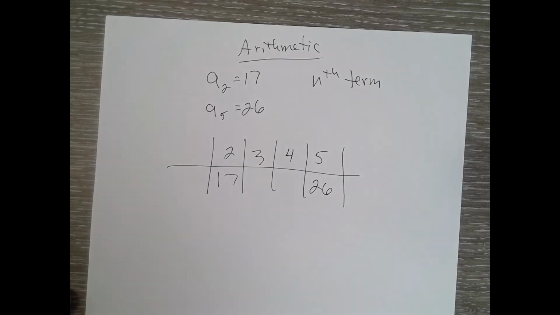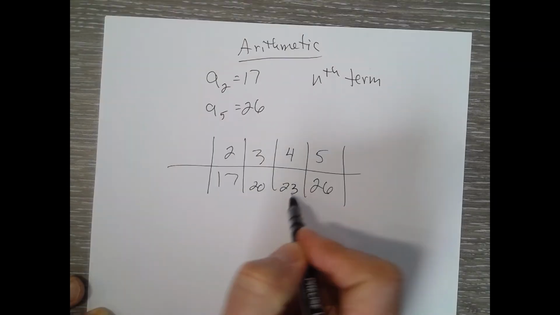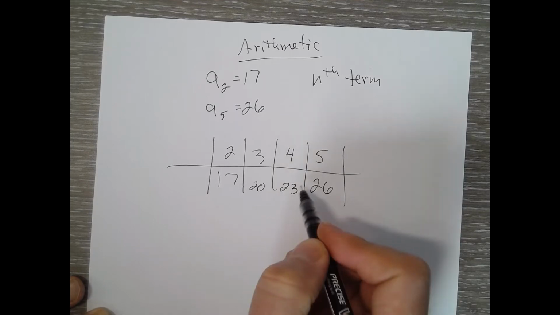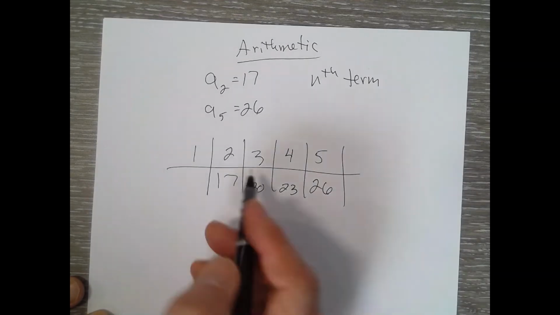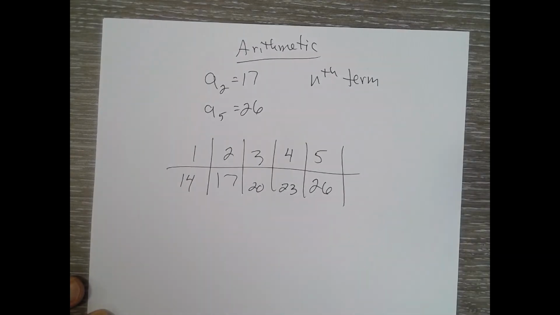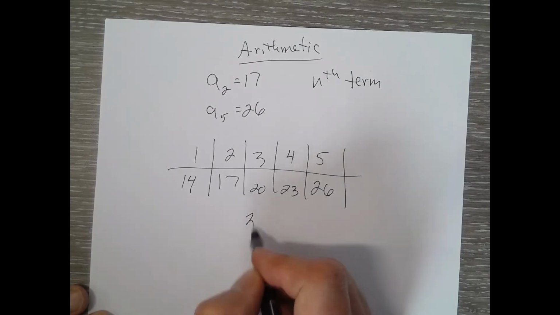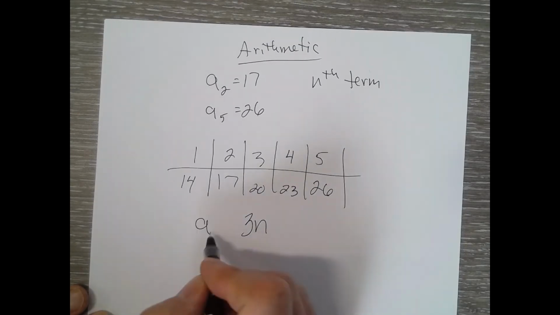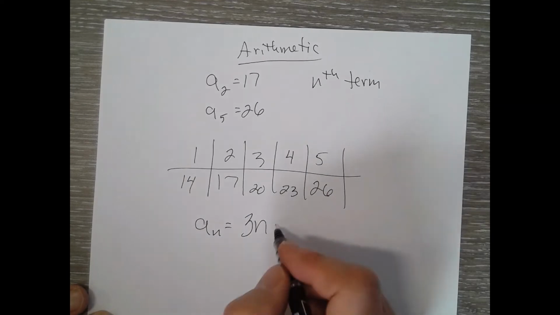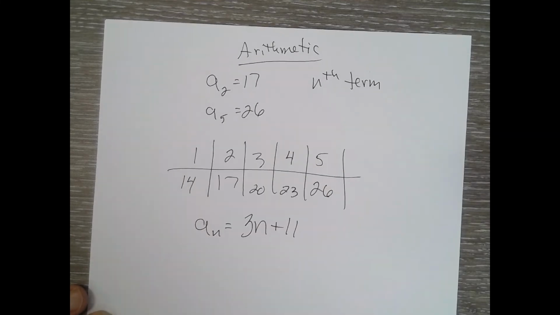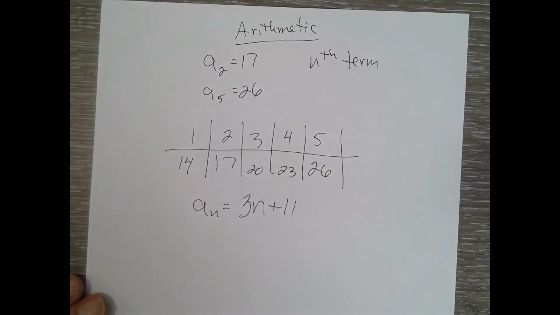How much is going up every time? Alright, 3, and 3 is correct. So if I add 3, I get 26. It works out. So I could work my way backwards. So the first term would be 14. So the nth term, we could say 3n. How do I get from 3 to 14? You'd have to add 11. Okay, so that's kind of how you could do it.